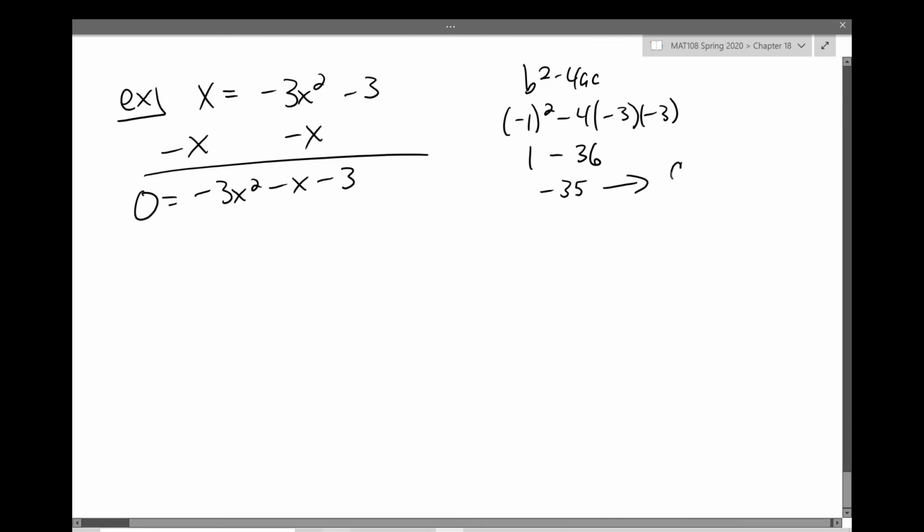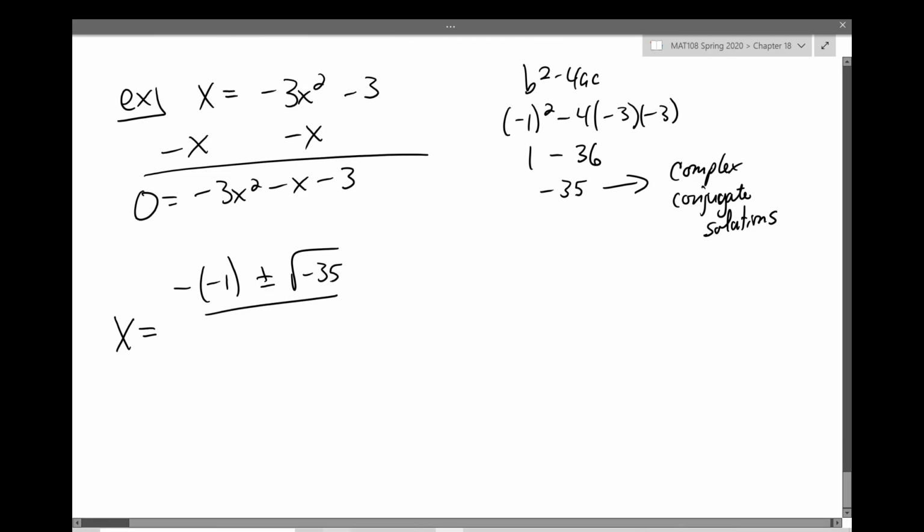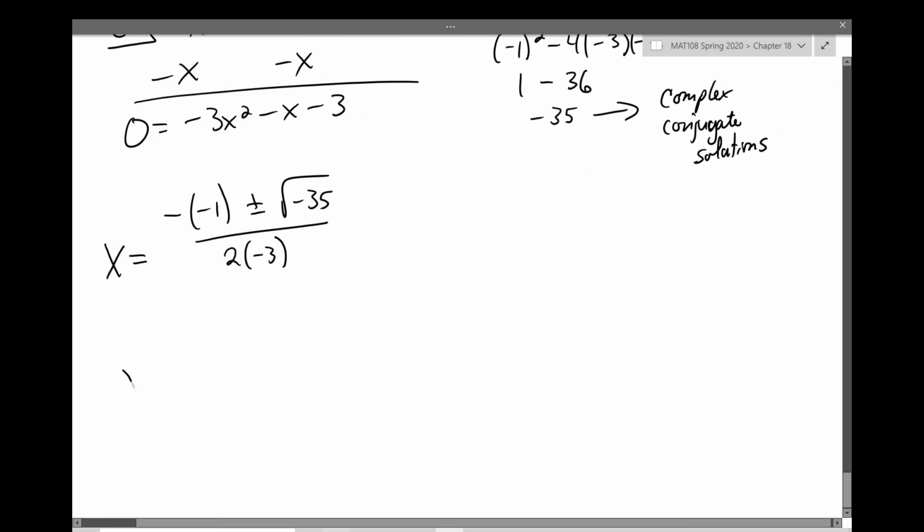So I know I'm going to get complex conjugate solutions. Okay? So x equals, now we're just going to use the quadratic formula. So x equals negative 1 plus or minus the square root of negative 35 all over 2 times negative 3. Okay? So that's going to give me x equals 1 plus or minus.